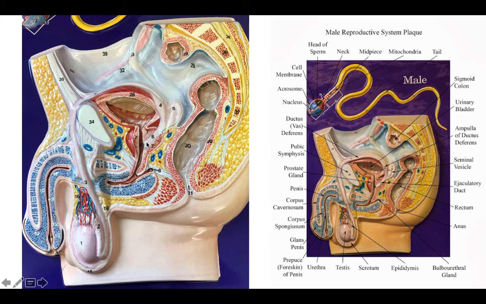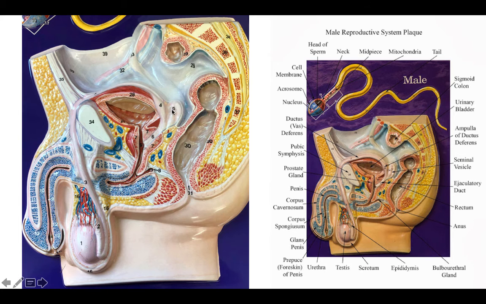And again, these fluids are going to be really important because the fluid from the seminal vesicle is alkaline. So that alkaline fluid is going to be important for helping to neutralize the acidic environment of the female reproductive system. Also, it's going to contain fructose. That fructose is a very simple sugar that will help to nourish those sperm cells as they make their journey. All of this helps to promote sperm motility, especially in terms of providing the water.